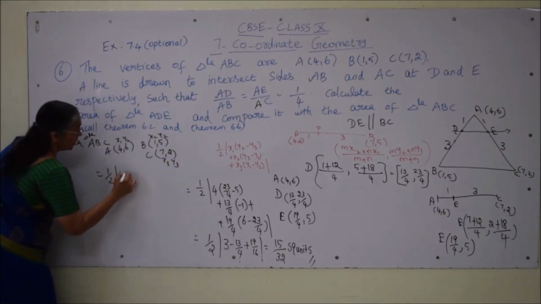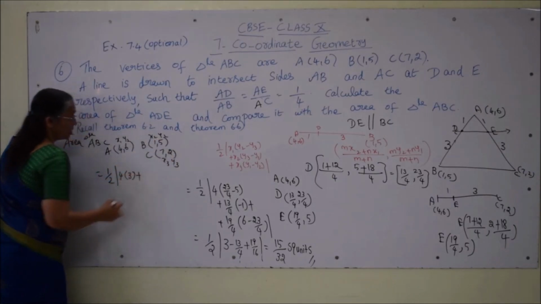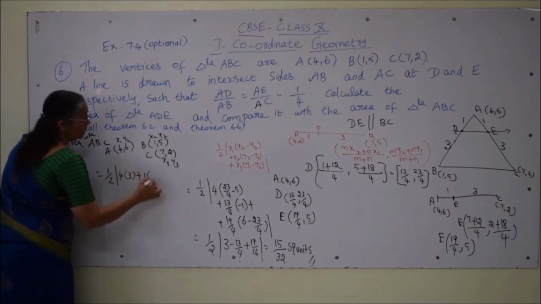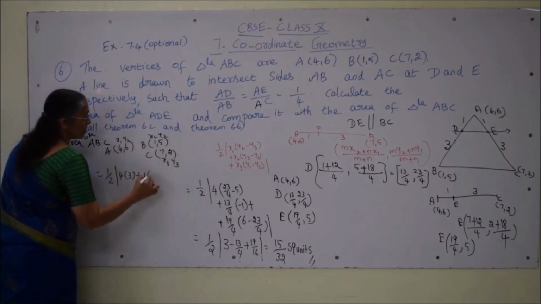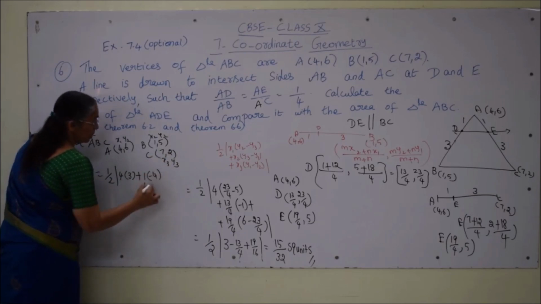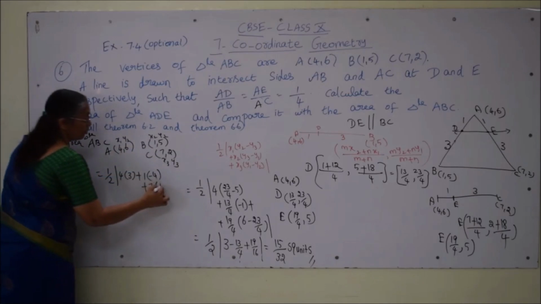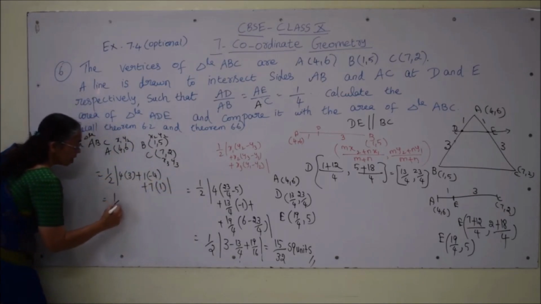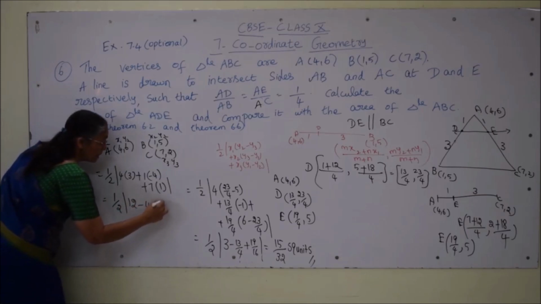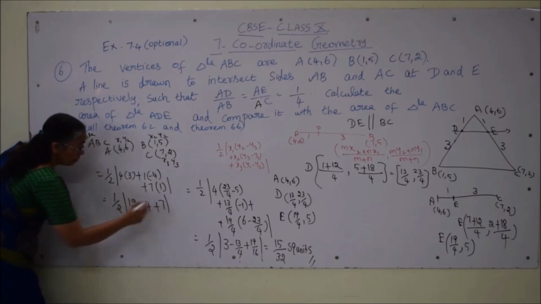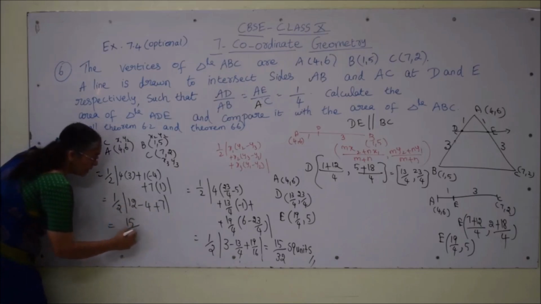So 4 times of y2 minus y3, 5 minus 2, 3, plus x2, 1 times of y3 minus y1, 2 minus 6, minus 4, plus 7 times of y1 minus y2, 6 minus 5, 1. So which is half mod 12 minus 4 plus 7. So 12 plus 7, 19, and 19 minus 4 is 15 by 2.